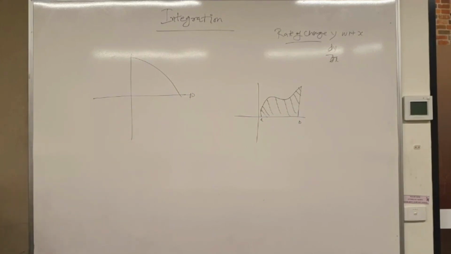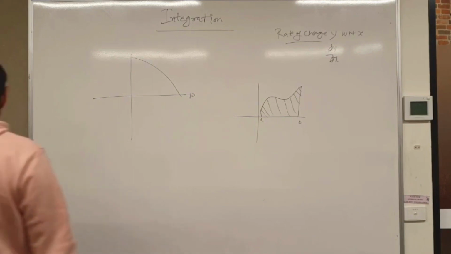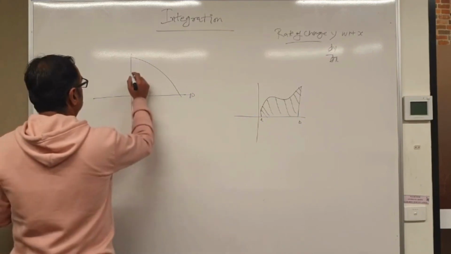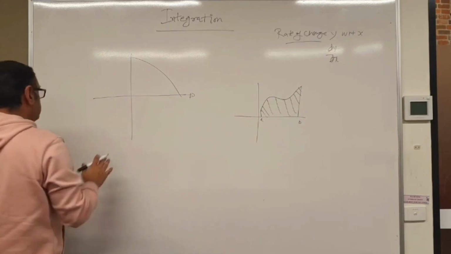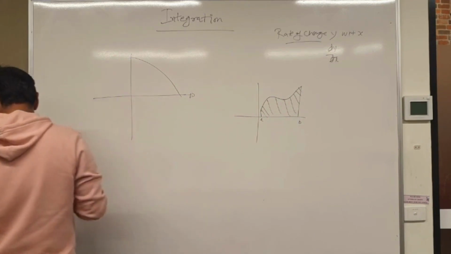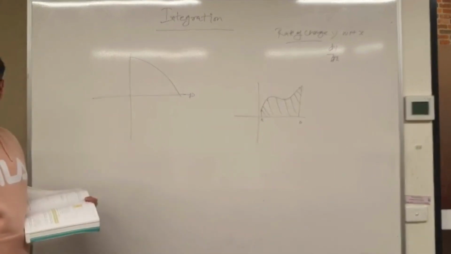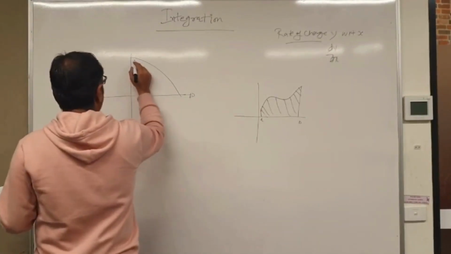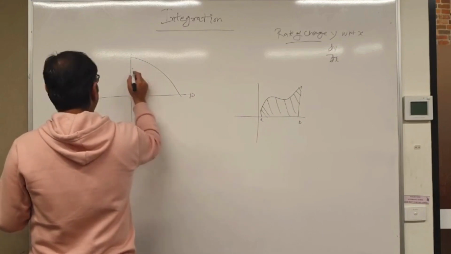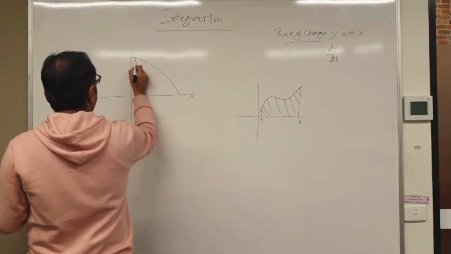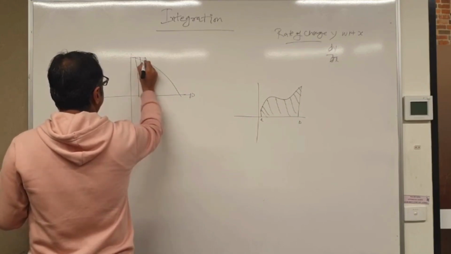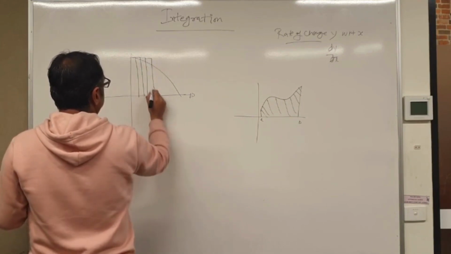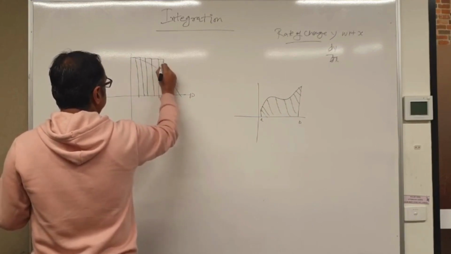It's not a perfect rectangle or triangle, right? So one way is that I start drawing rectangles from the left. Let's say I draw rectangles in such a way that, okay, that's the first rectangle, that's the second rectangle, that's the third rectangle, that's the fourth, equal rectangles basically.